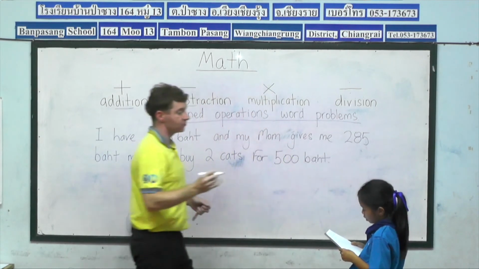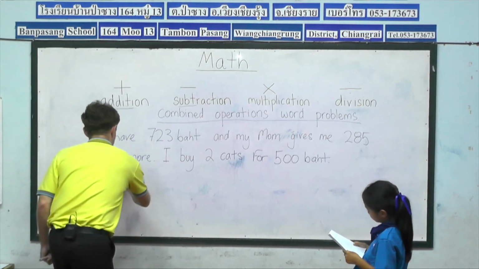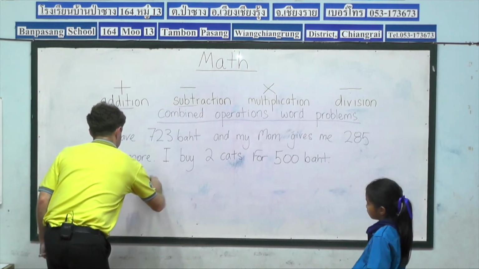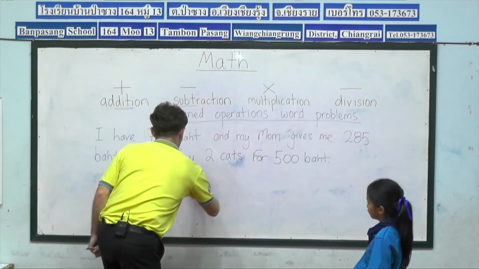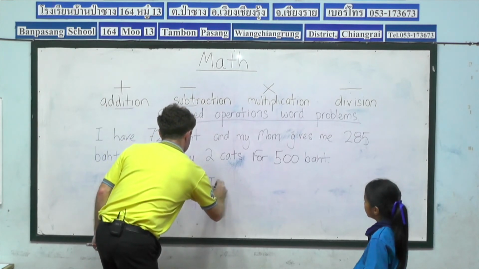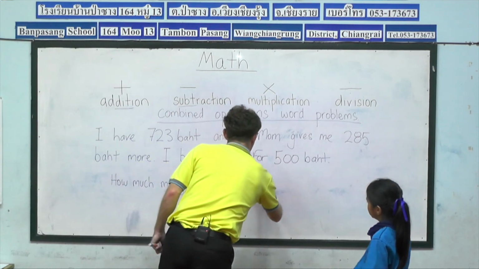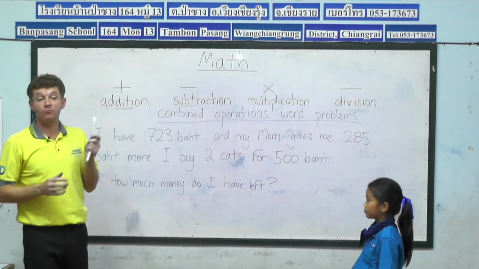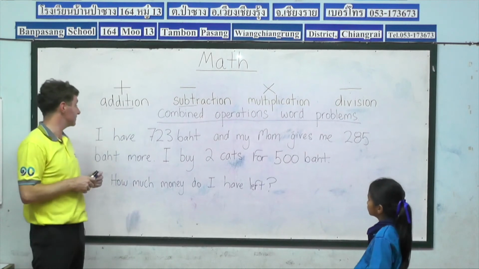So now what is your question? How much money do I have left? Excellent, guys. So now Prel's word problem is on the board. Before we answer, let's all practice reading together.